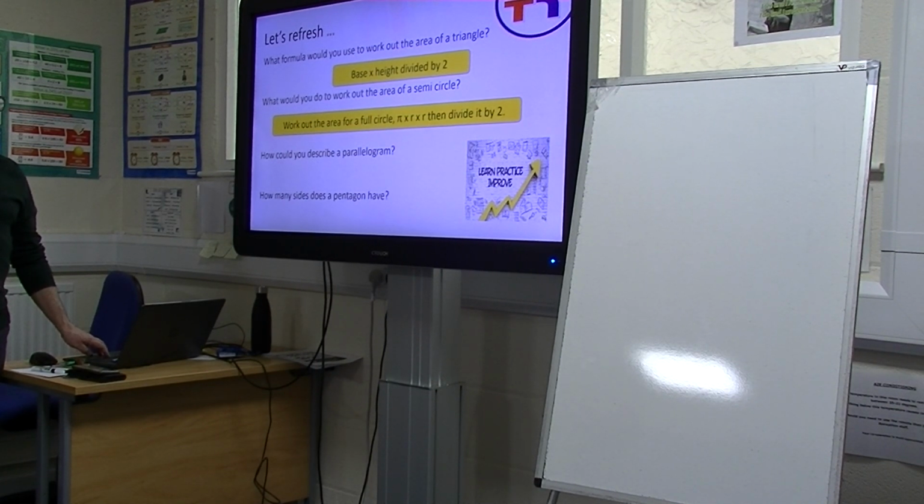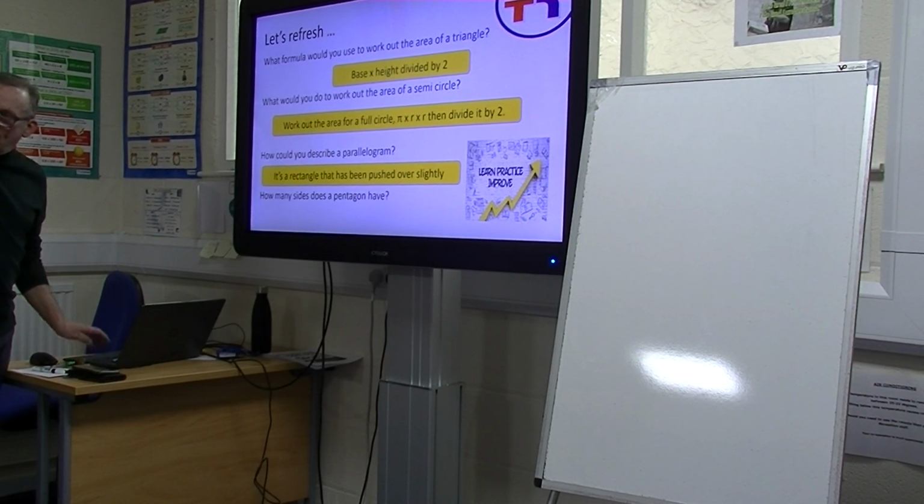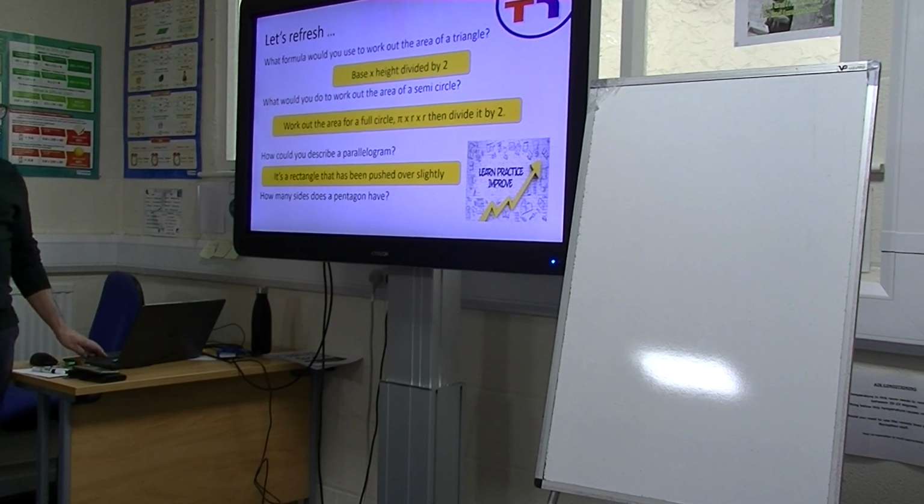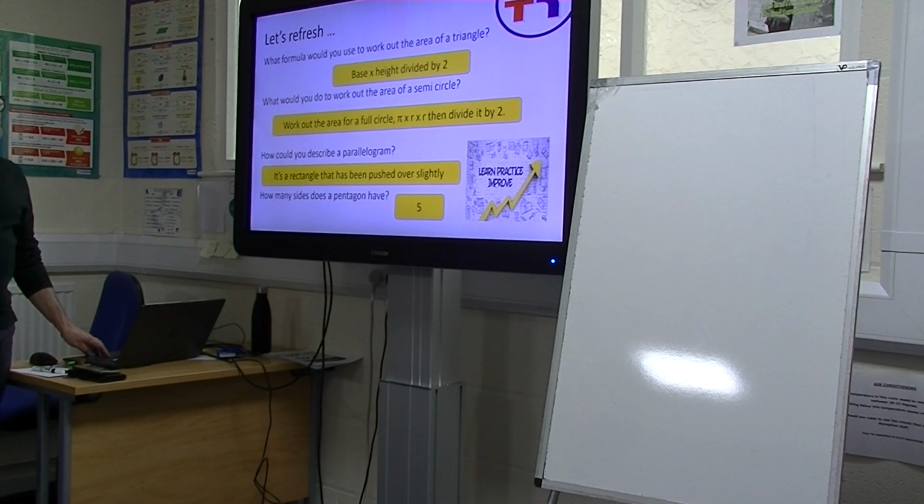How could you best describe a parallelogram? It's a quadrilateral. It's a rectangle that has been pushed over slightly. Would it look wonky? Yeah, it probably would. How many sides does a pentagon have? 5. Yeah, look at that.